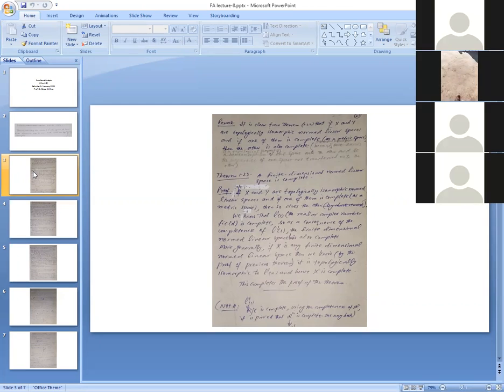So this remark says that if two spaces X and Y are topologically isomorphic and one of them is complete, so is the other.